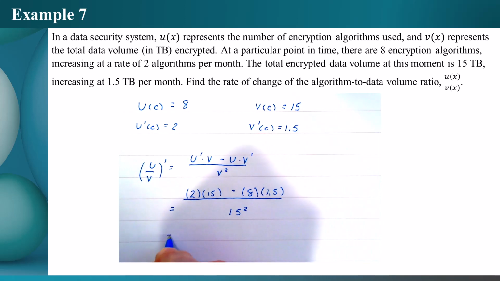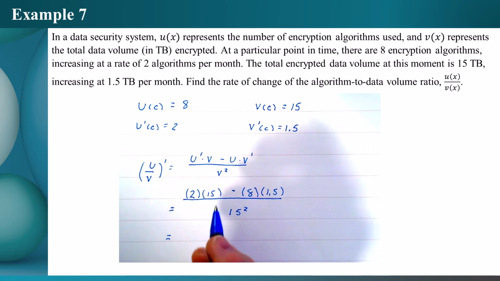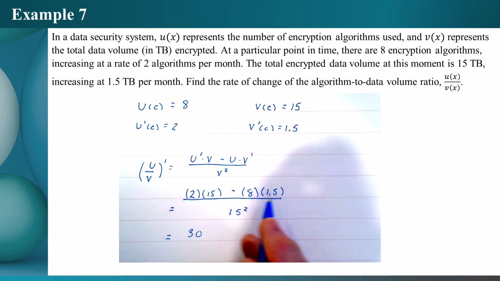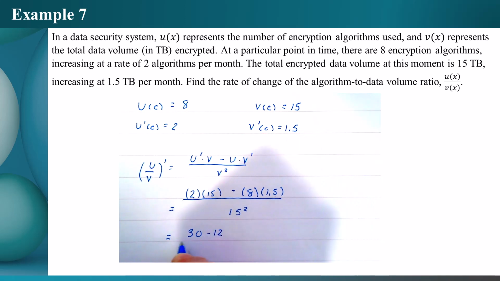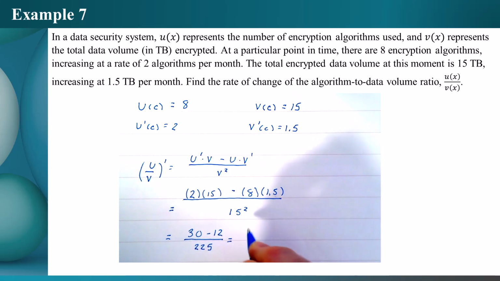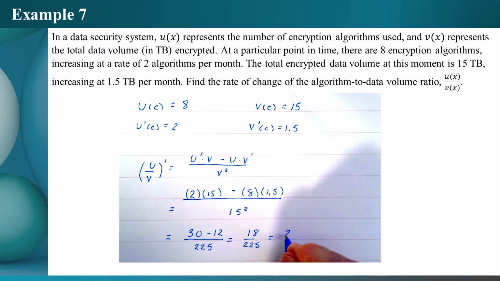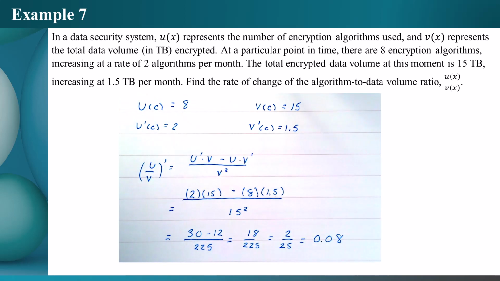Well, let's see. 2 times 15 will give us 30. 8 times 1.5 will give us 12, so we have 30 minus 12 in the numerator. 15 squared is 225. So it looks like we have 18 over 225. Oh, let's see, if we divide the top and bottom by 9, we get 2 over 25, and I believe that equals 0.08. And so we found the derivative at that moment.